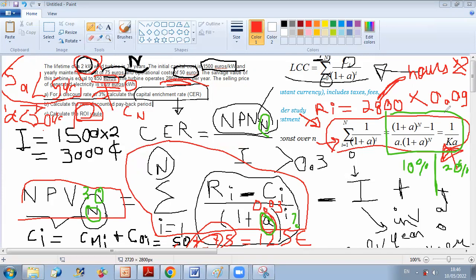Three iterations will work for you. You are not going to do 10 iterations, of course not. Just some trials and you will know the value. Once you try 10 and 20, you say I will try 15, for example. Or sometimes you can even tell whether it is closer to 10 or 20. For example, if for 10% the NPV is plus 20, and at 20% it is minus 100, I am closer to 10 than 20.